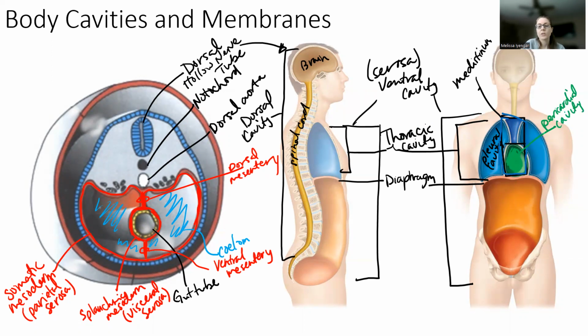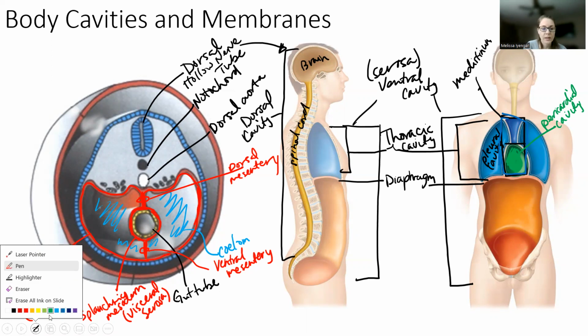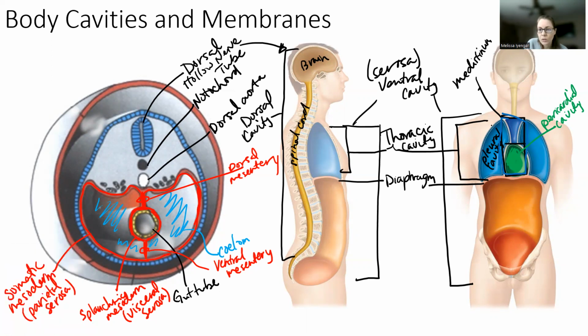Okay, so since these are part of the coelom or were formed from the coelom, they're each going to have their own serous membrane, one lining the body wall and one covering the organ. So you should see here that there's a two-layer system. One layer goes this way, and the other layer goes that way.